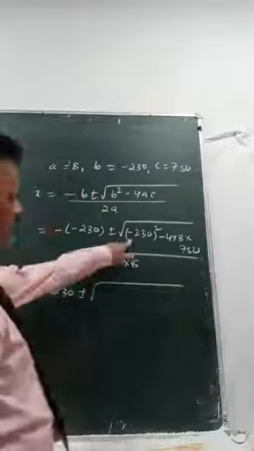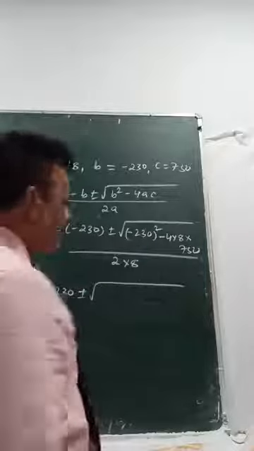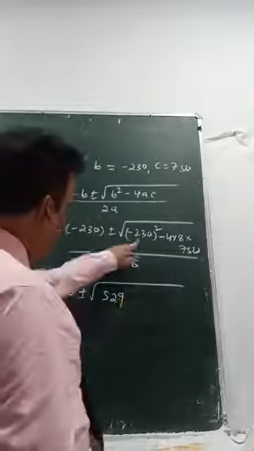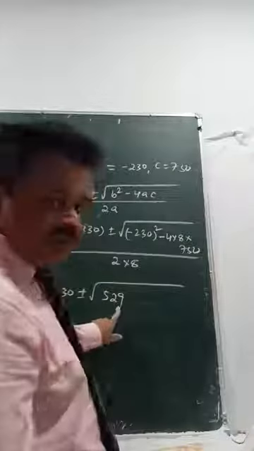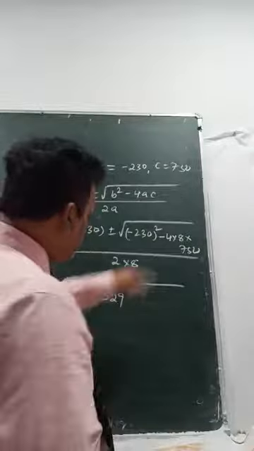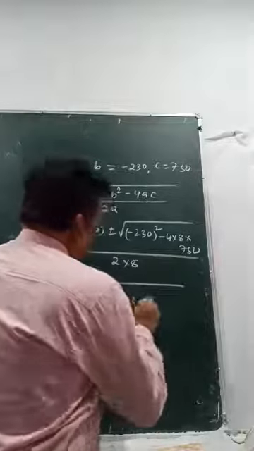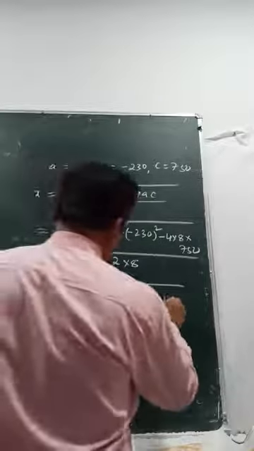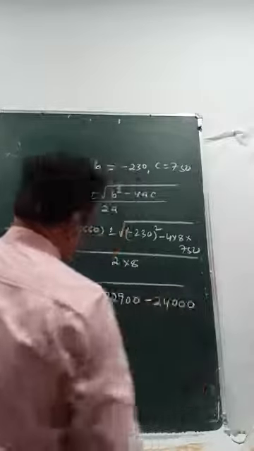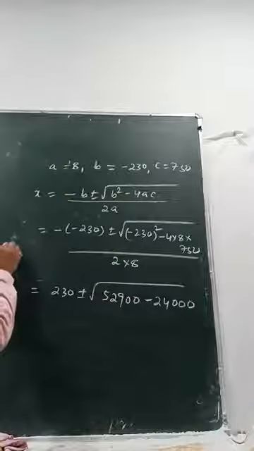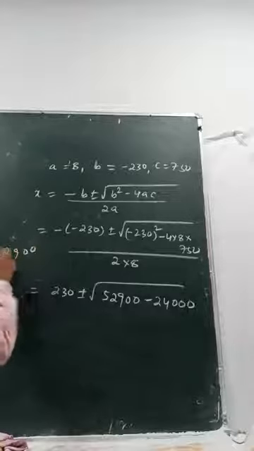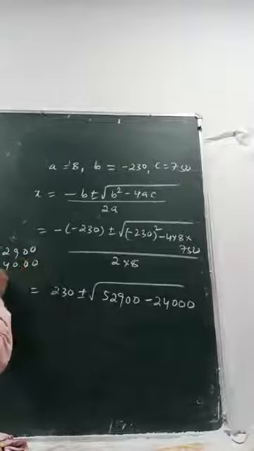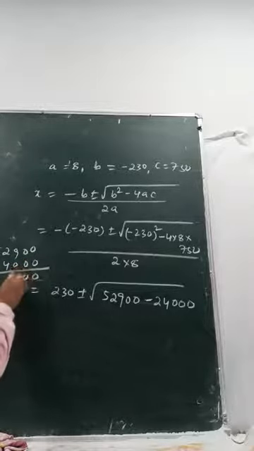I had given you, 23 square is 529. I have given you a table. 0 means 2 zeros here. Minus 24000. So 529 double 0, 240 triple, 24000.